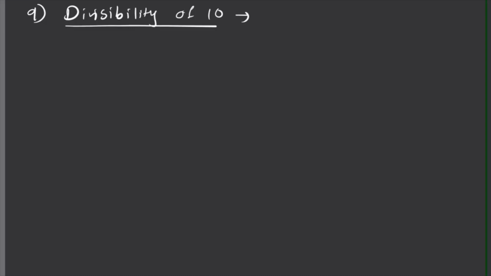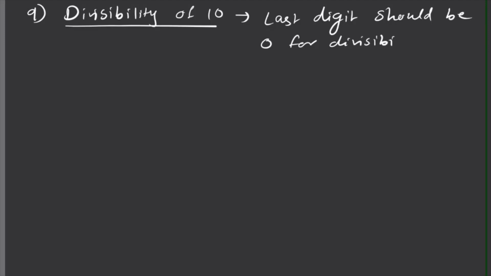So I write here, the last digit should be 0 for divisibility of 10.